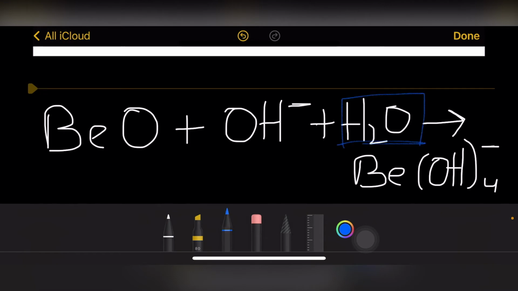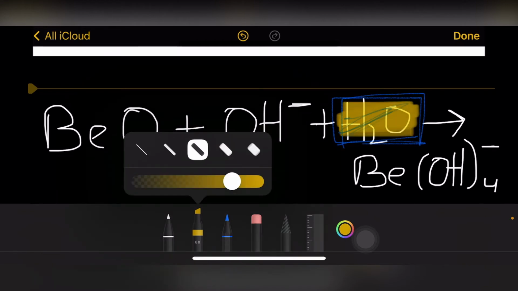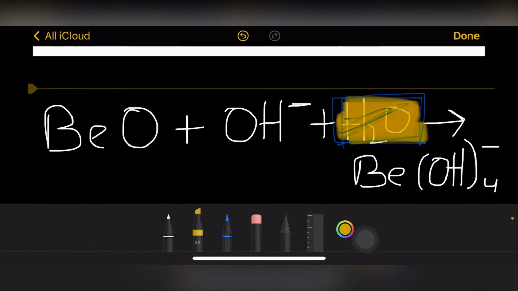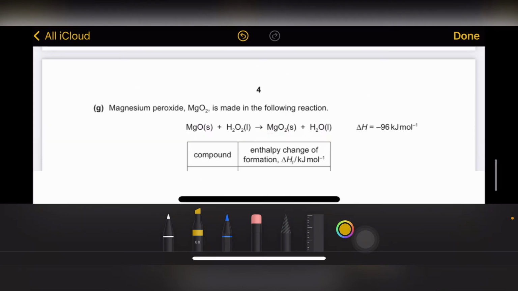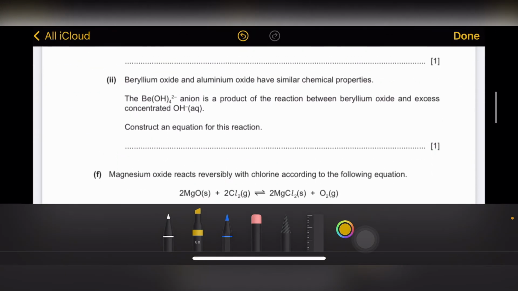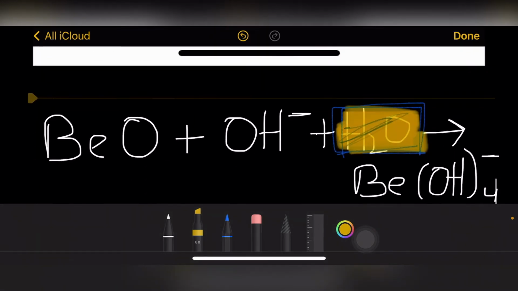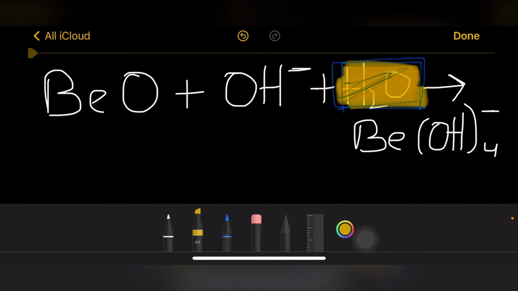Now we know that it has a molecule of water because over here it says excess concentrated OH, which has an aqueous sign. So whenever there's aqueous, you can add water if it's not being balanced.